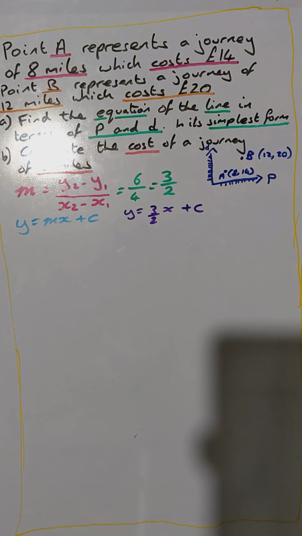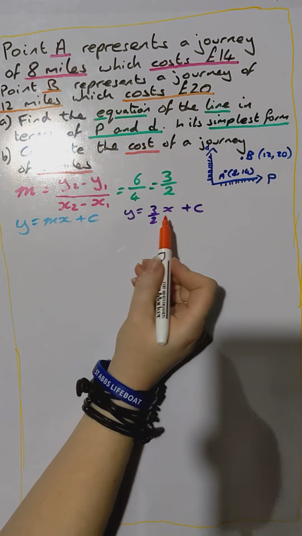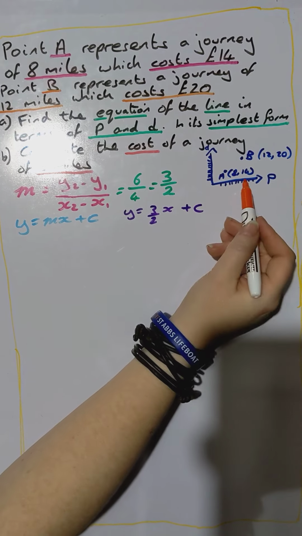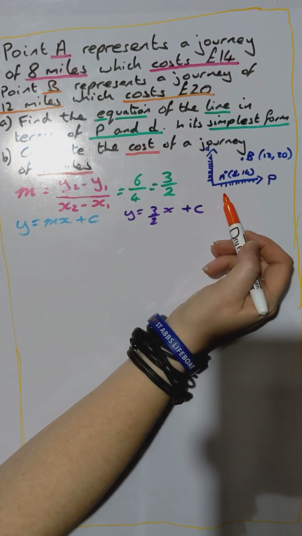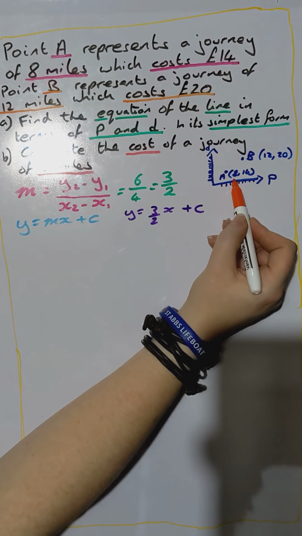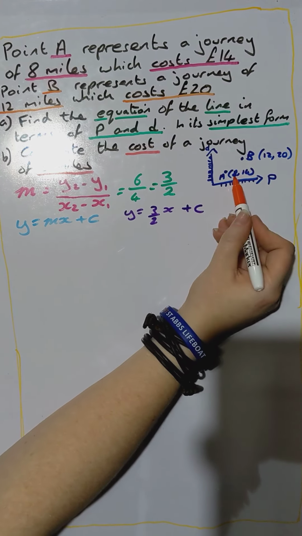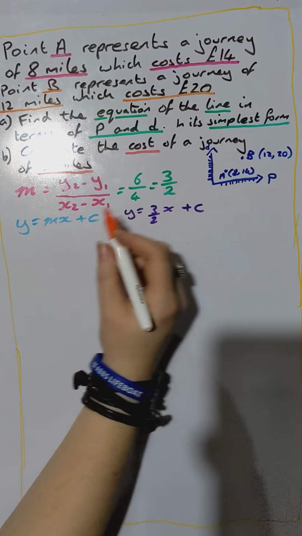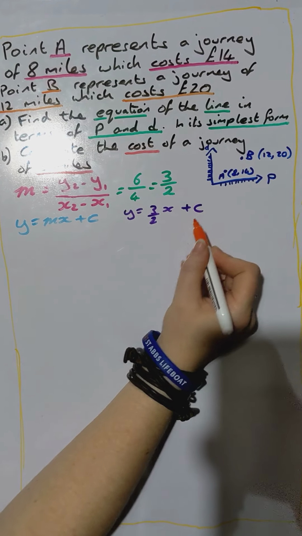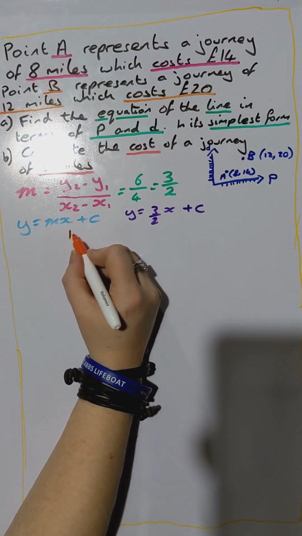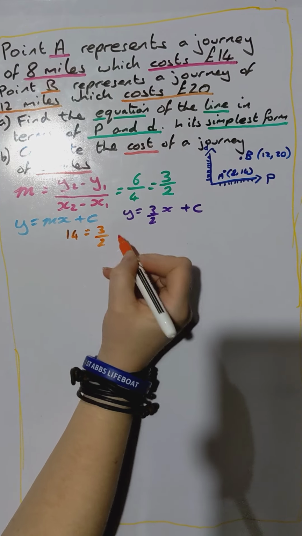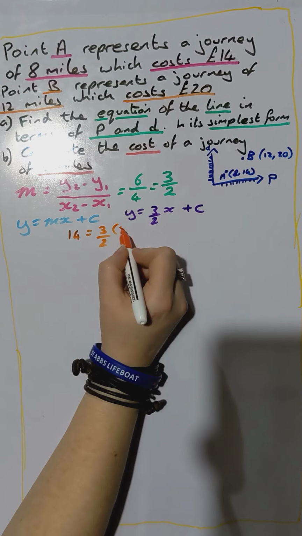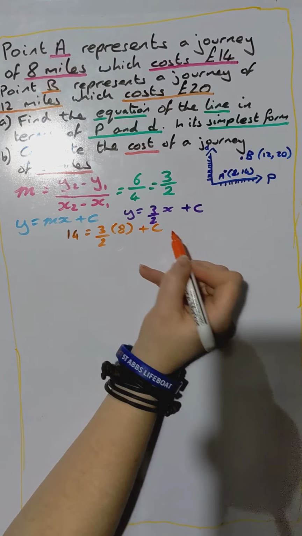Right, so for my next step, I'm going to replace the x and y with one of the values. Now I'm going to choose 8 and 14 because they're smaller numbers. So I'm going to replace the x value with 8 and the y value with 14 so we can work out this c value. So I've got 14 equals 3 over 2 lots of 8 plus c.